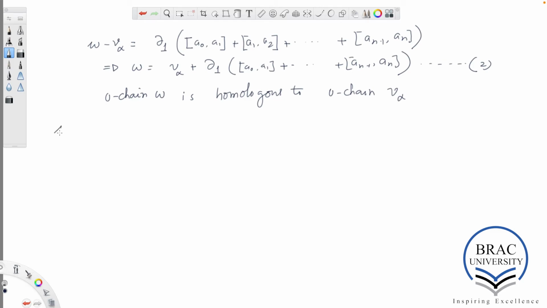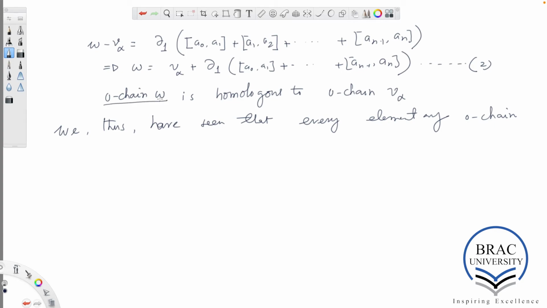So we have seen that every elementary zero chain, so we have picked up this zero chain arbitrarily.